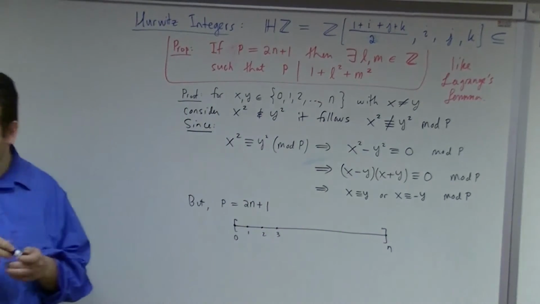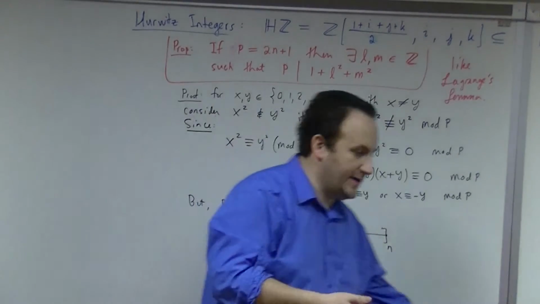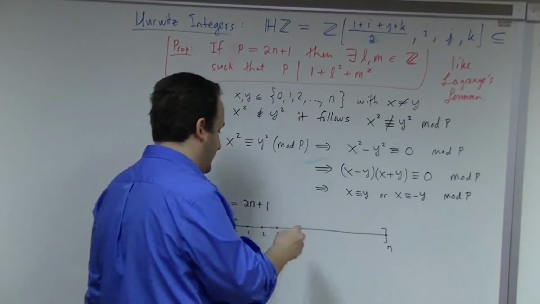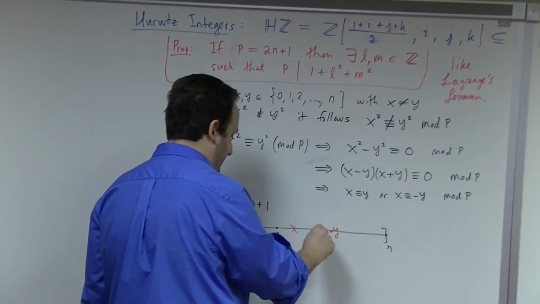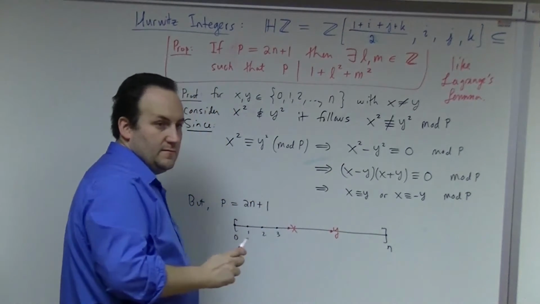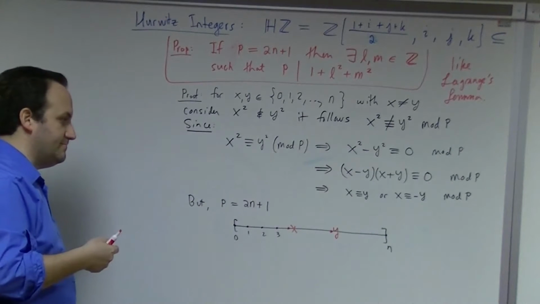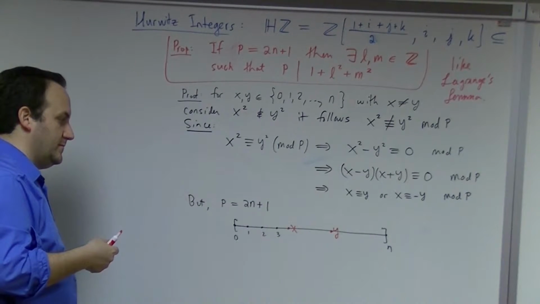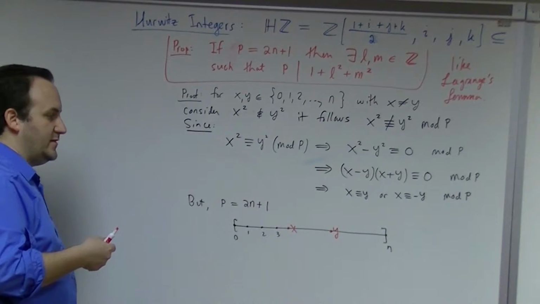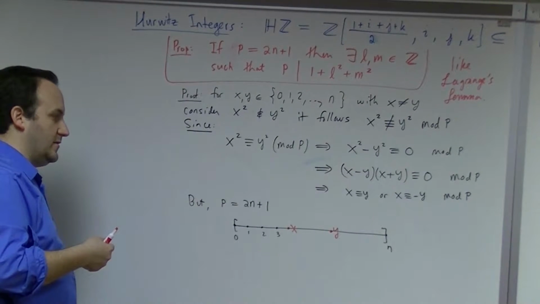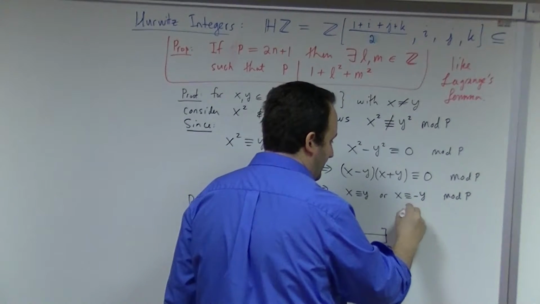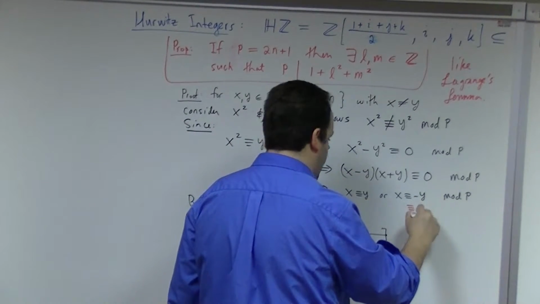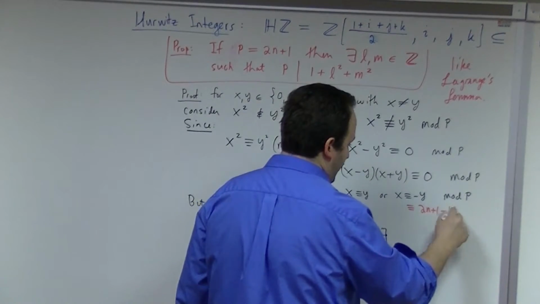If you just think about x and y, they're somewhere in here, right? I don't know, x, y, they're somewhere out here. And if you add them, could minus y be congruent to what? 2n plus 1 minus y, right?